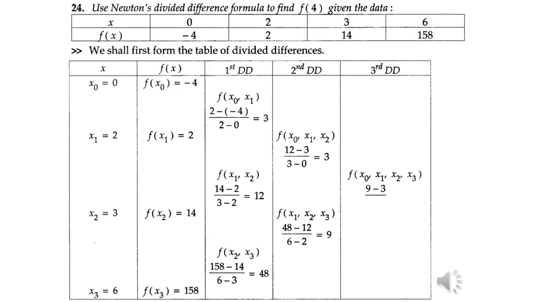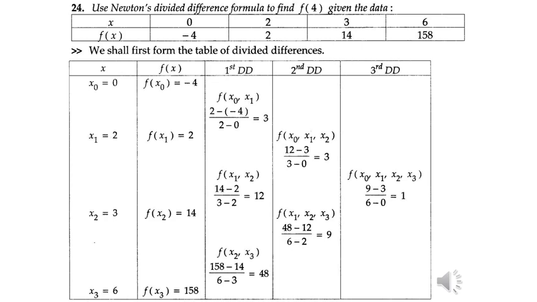That is, go to the previous column and do 9 minus 3, divided by, in the denominator we write x3 minus x0. x3 is 6 and x0 is 0. So in the denominator we write 6 minus 0 and simplify. So this completes the divided difference table.